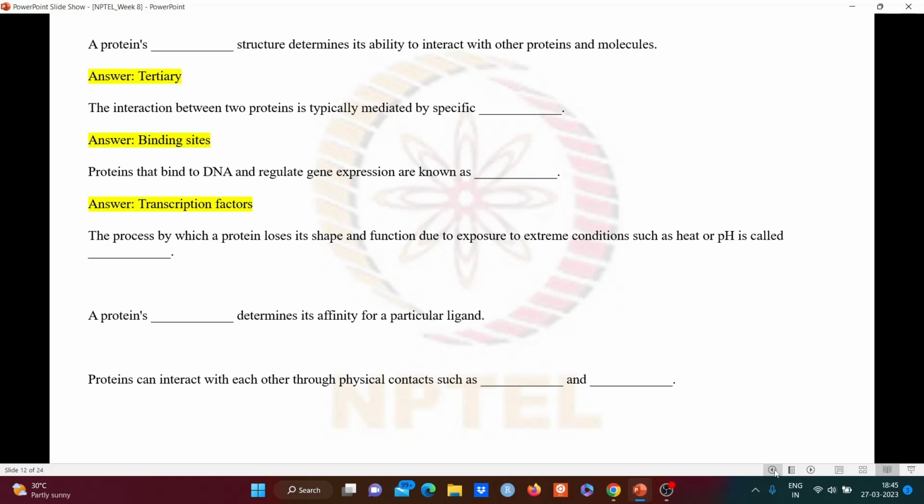Next is the process by which a protein loses its shape and function due to exposure to extreme conditions such as heat or pH.